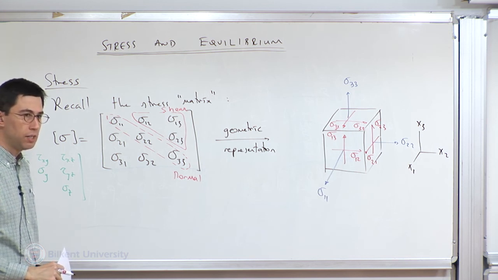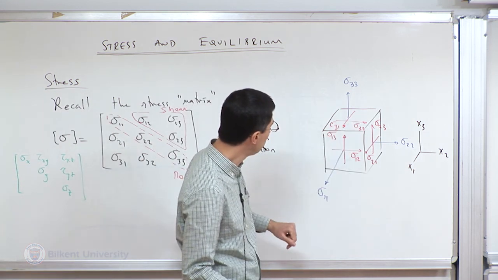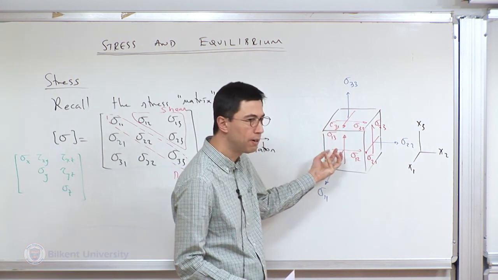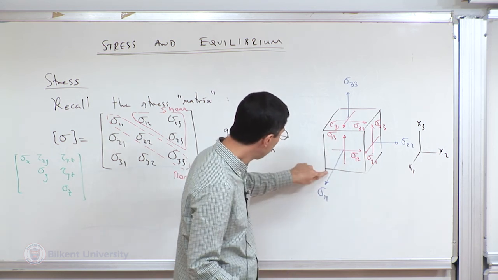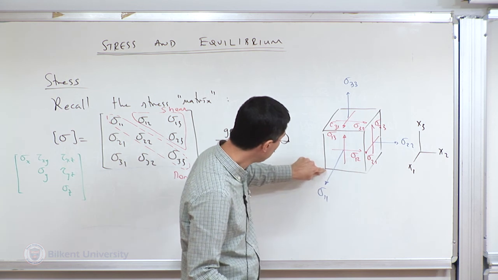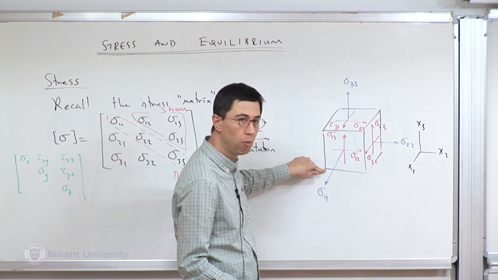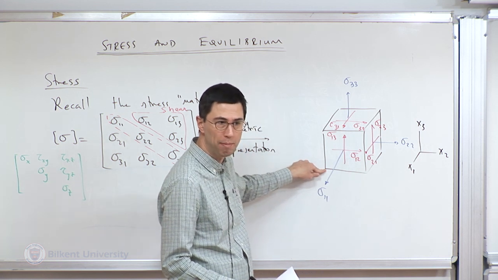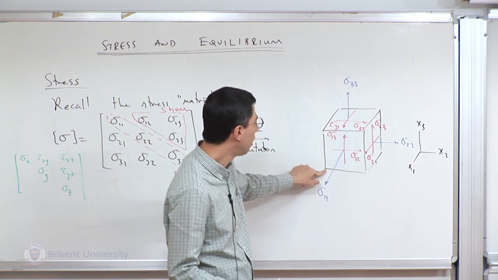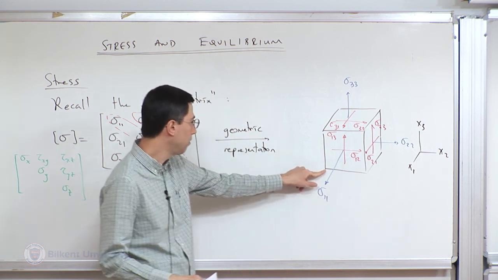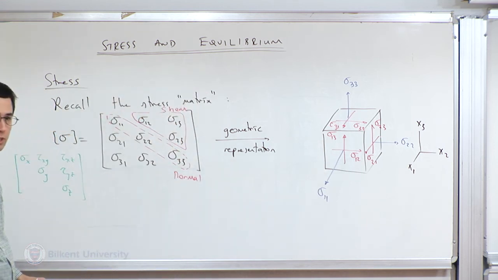And finally, of course, you have to remember, I take this cube, it's infinitesimally small, and this cube, however, has to still be in equilibrium, okay? So for equilibrium to occur, among other things, right? If I take a moment about any point, let's say that corner, the net moment has to be equal to 0. And based on that argument in our 231 course, we eventually concluded that the stress has to be such that its matrix representation is symmetric.